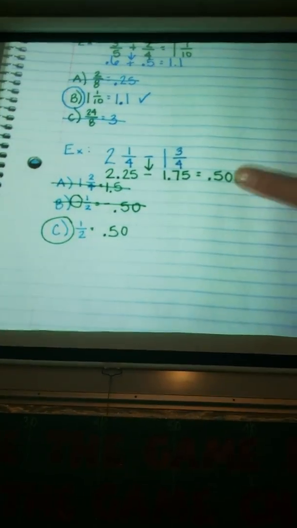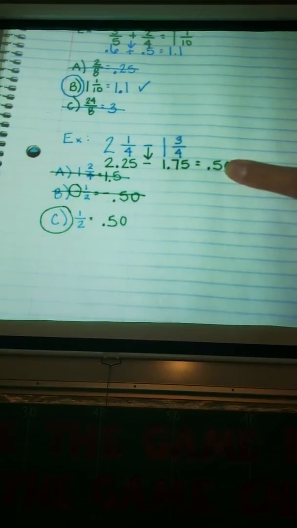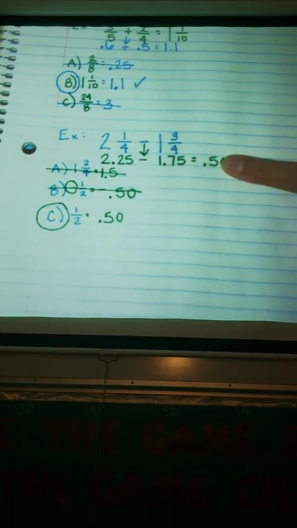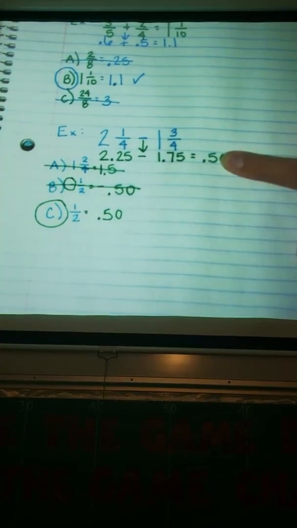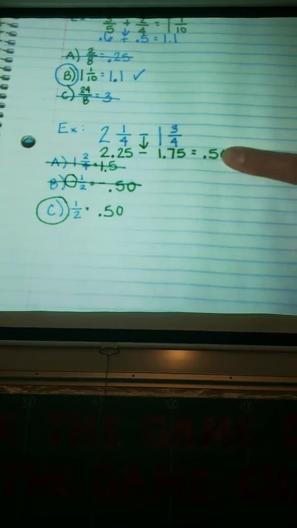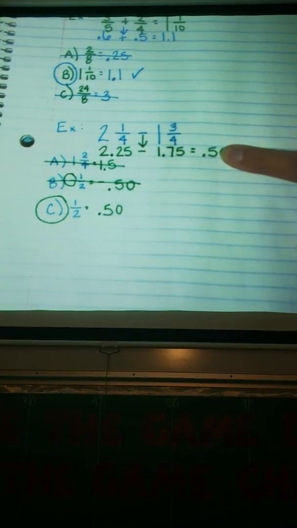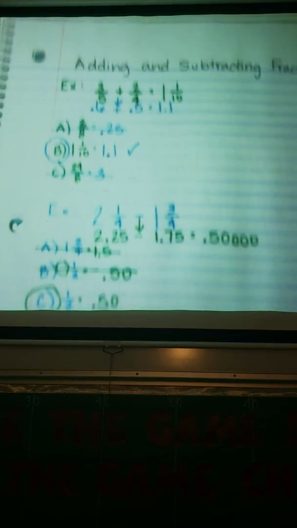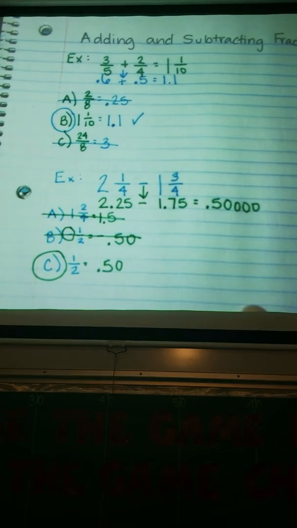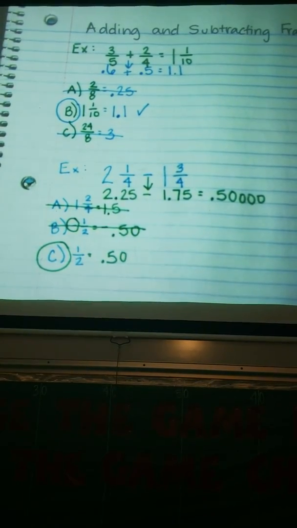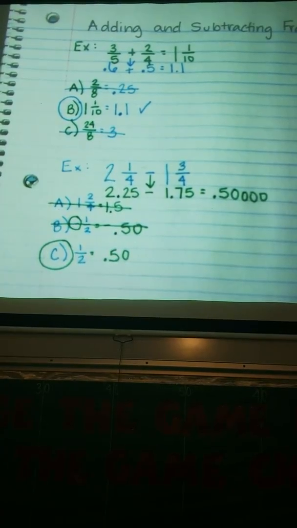It doesn't change the value, which is similar to when we were talking about rational integers and whole numbers. They had a decimal, it was like 111.0. That 0.0 didn't change anything. Okay? So that is how you add and subtract fractions. You're going to convert everything to a decimal, including the answer choices, and make sure that you keep your negative signs negative and your positive signs positive.